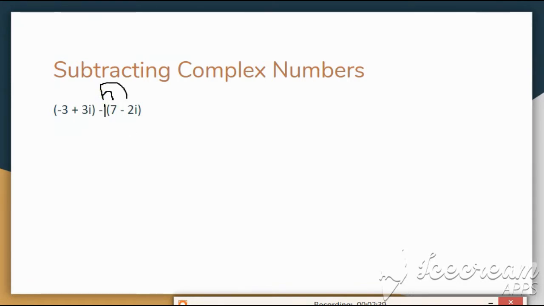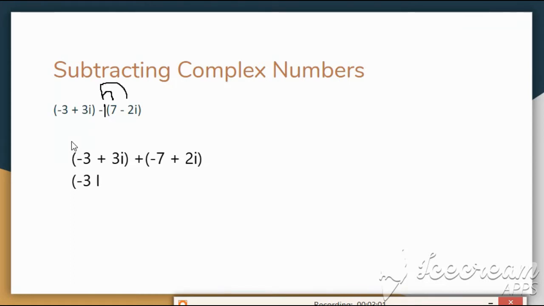So once we distribute it, what we have left is -3 plus 3i plus, because now we got rid of that -1, plus -7 plus 2i. And now we do the same thing that we did in the last problem and simply combine the like terms.